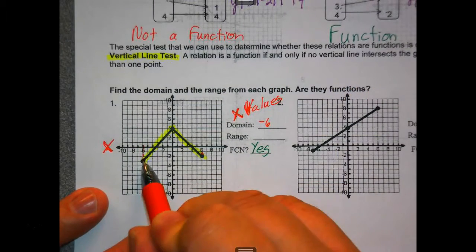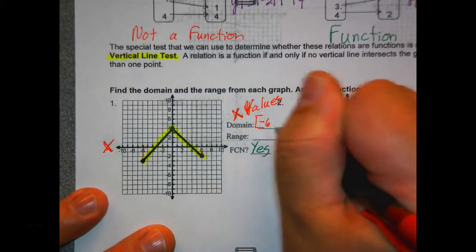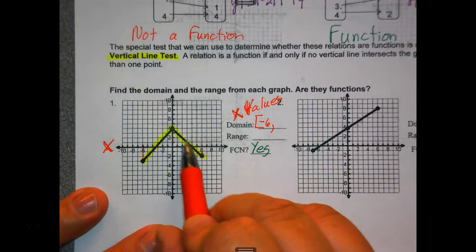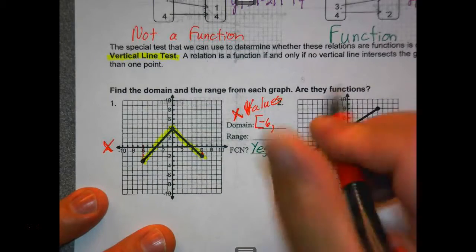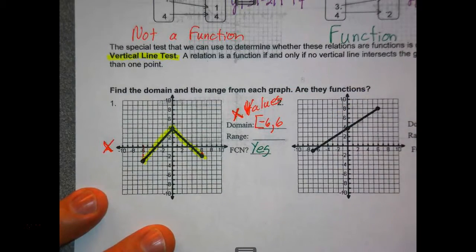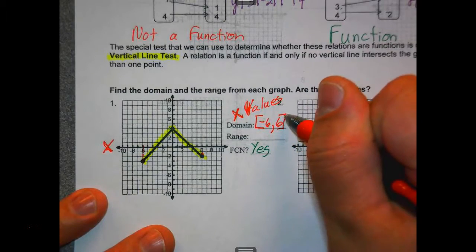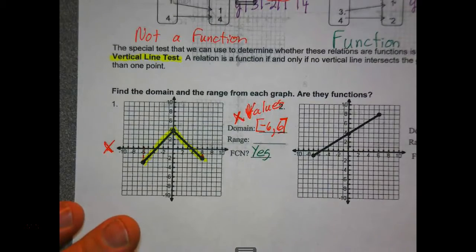There's a closed circle there, so it's a bracket. And then I go to where my graph ends, and on the x-axis it's +6. There's a closed circle there, so it's a bracket. Easy peasy, right?